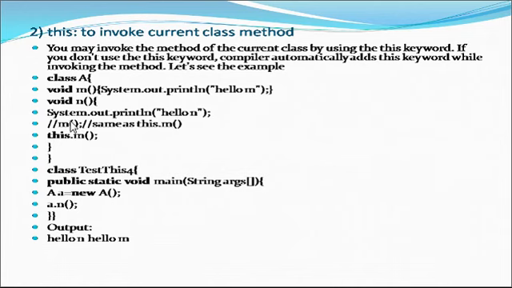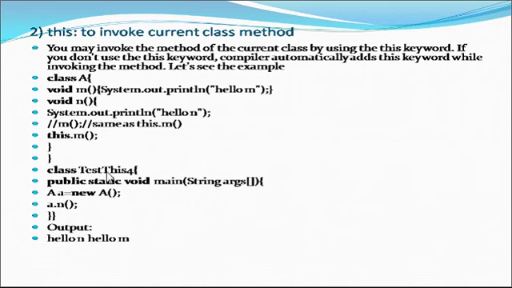One more method is in this class, named n, and the n method also has a System.out.println statement that displays a message. Okay, this.m: here we use this before the method. m is a method of the class, and this statement refers to the current class method.